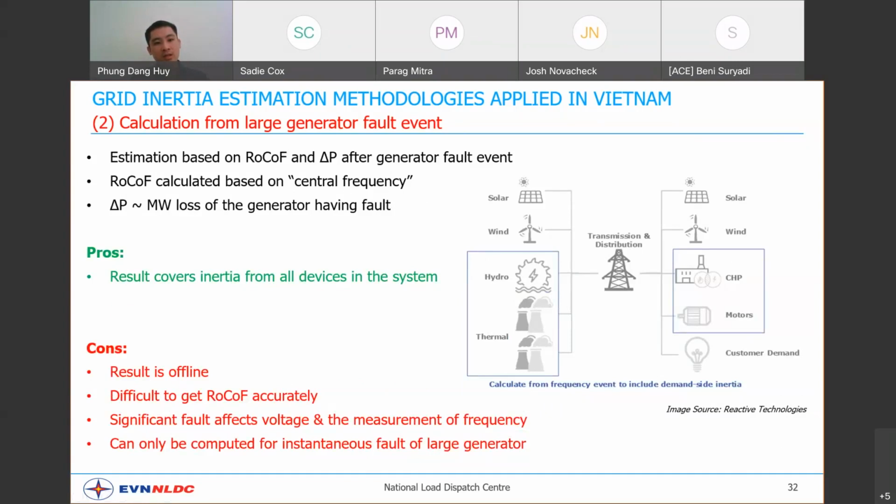The advantage of this method is that it covers all of the inertia from every device, but the disadvantage is that it is offline, and there are quite some problems determining exactly the accuracy of the rate of change of frequency. Next slide, please.